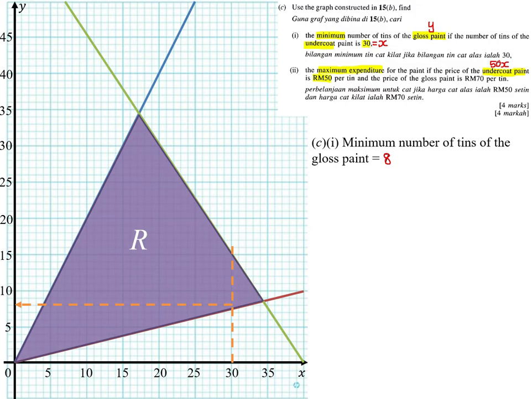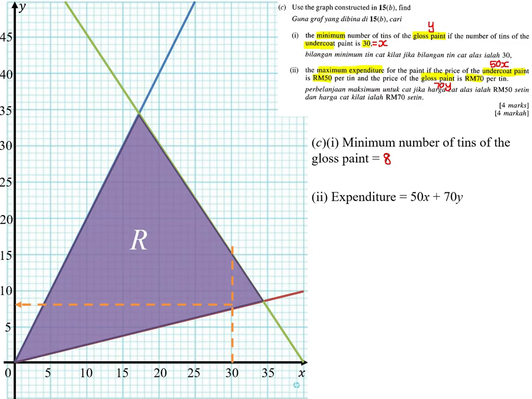Same thing, the gloss paint, in this case is y, and the price is 70 per tin. So in order to get the price, you have to multiply with RM70. The total expenditure for you to buy both paints will be 50x plus 70y.